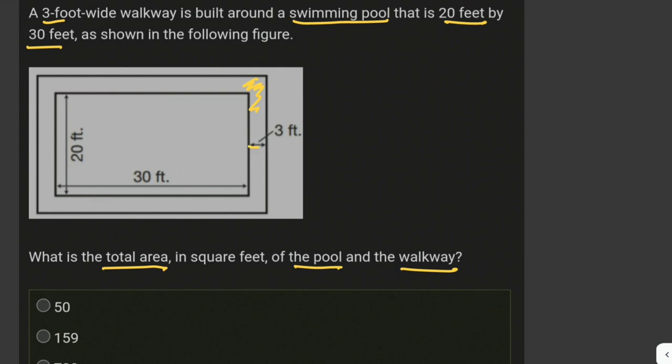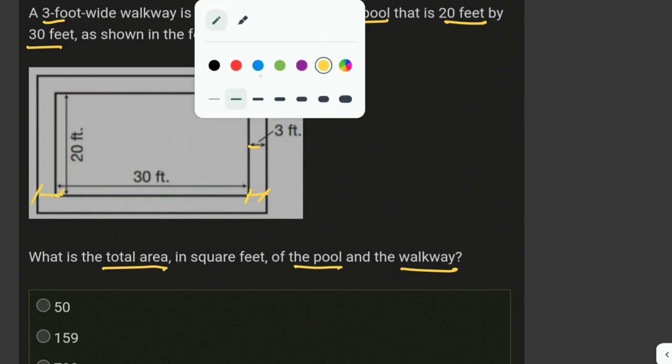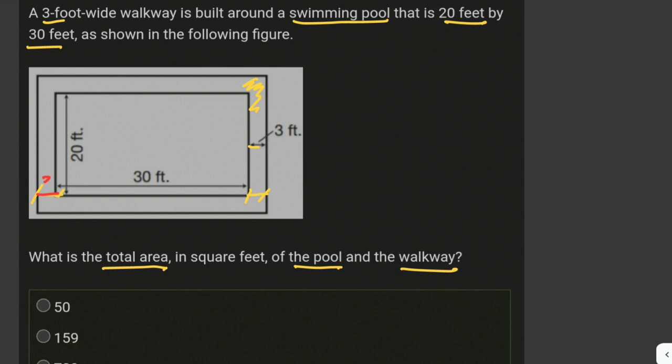If we're going to put them together, both the pool and the walkway, which form a rectangle, we can just add up the dimensions. So since this is 30 feet and this is 3 feet, this is 3 feet, 3 feet, and of course this is also 3 feet.